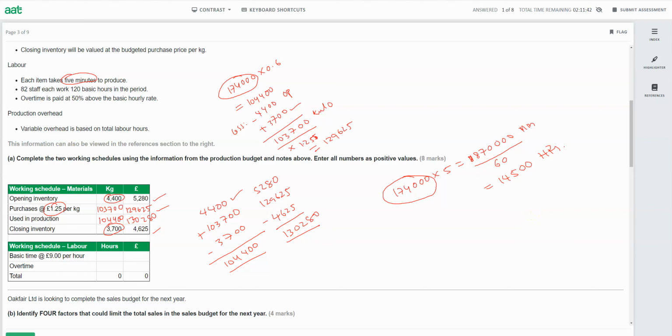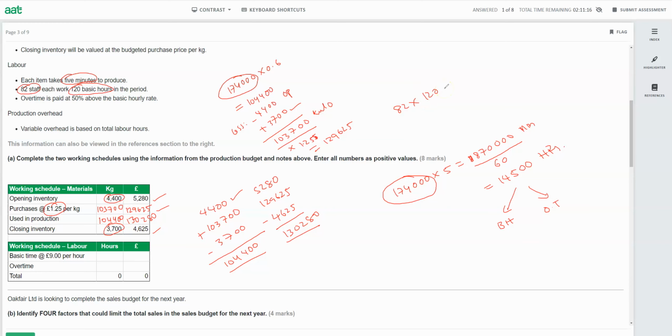Now it says 82 staff work 120 basic hours. So we need to find out how much is the total basic, because out of the total hours we have basic hours and the rest will be the overtime, because the rate for the overtime and the basic is not the same. So let's have a look. So 82 staff multiply 120 hours.